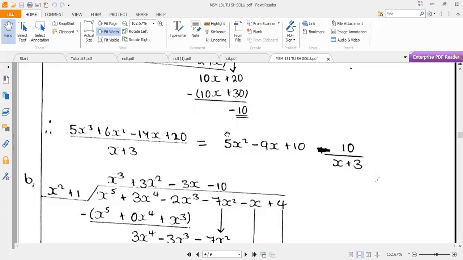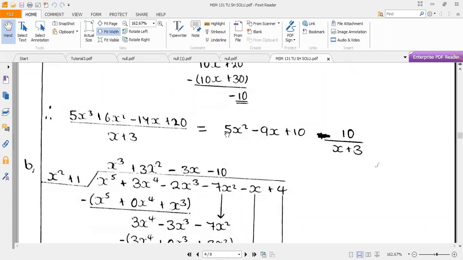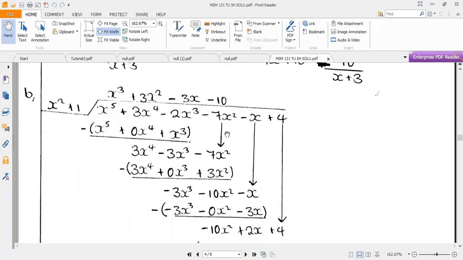The moment you put a comma and negative 10 over x plus 3, it tells us the remainder is negative 10. If you're comfortable with putting 5x squared minus 9x plus 10, then you put remainder negative 10. It is also correct. Okay, thank you, sir.